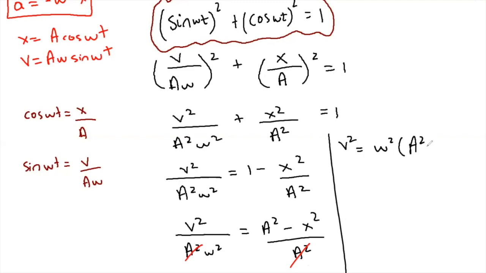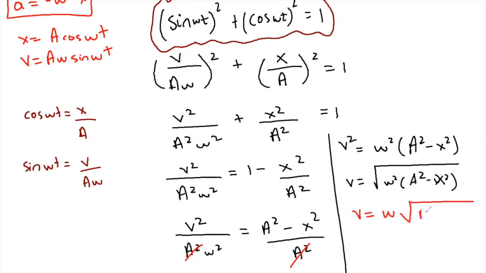So A squared minus x squared. Now, what I'm going to do is take an under root for this whole side, and I'm going to get something cool. And this is going to be my final equation. So the final equation I get from this is velocity is equal to omega under root A squared minus x squared.